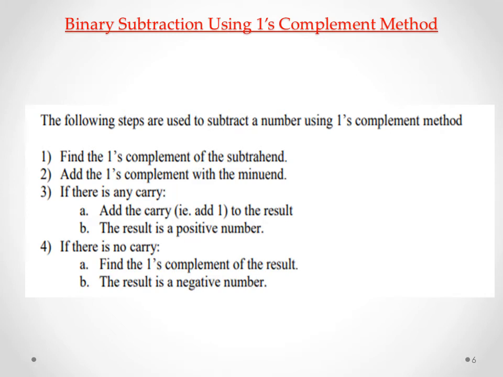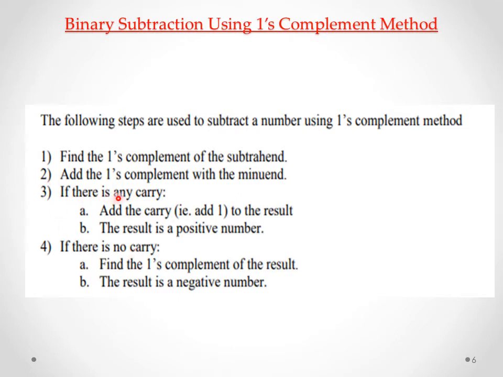The following steps are used to subtract a number using ones complement method. The first step is find the ones complement of the subtrahend. Next, add the ones complement with the minuend. Then here two possibilities arise. One is carry present and another one is zero carry.